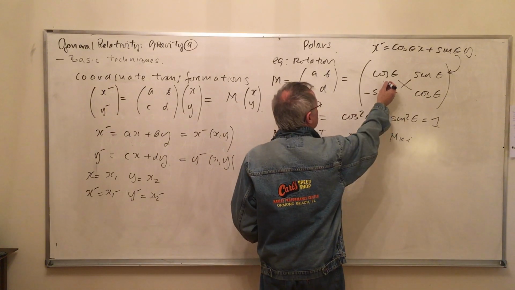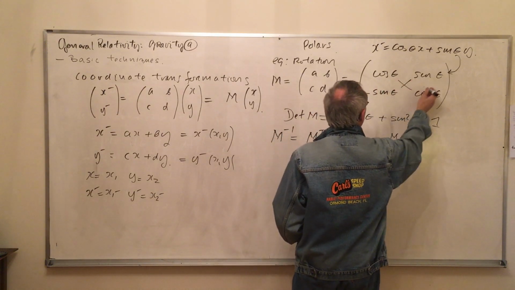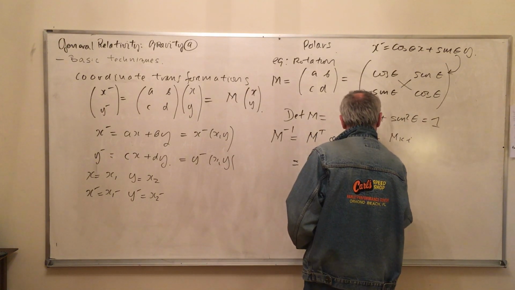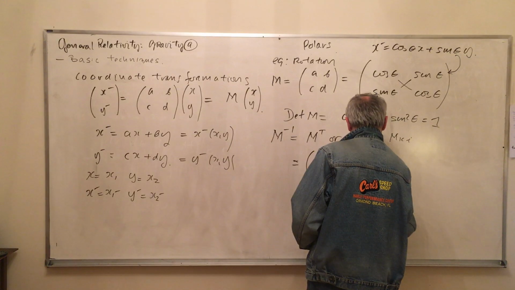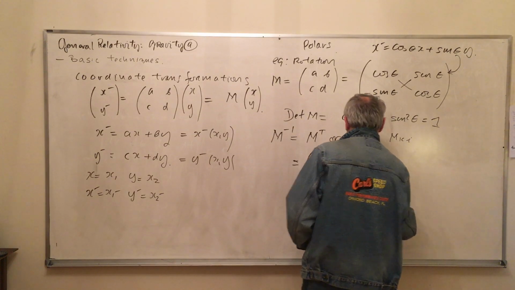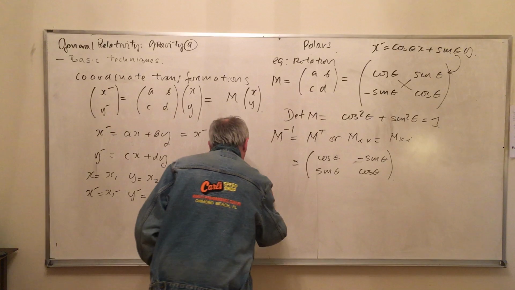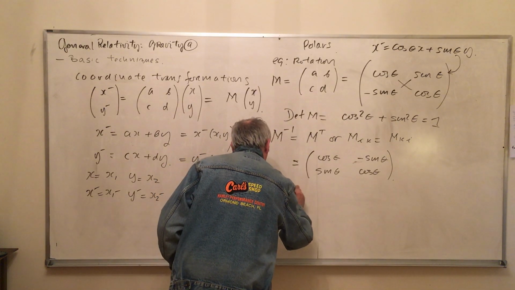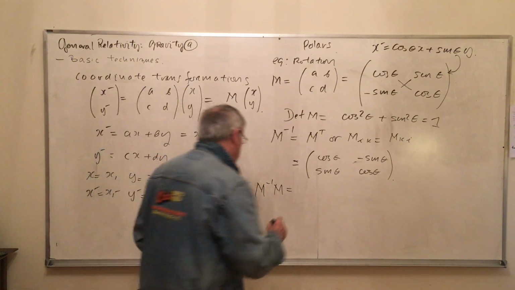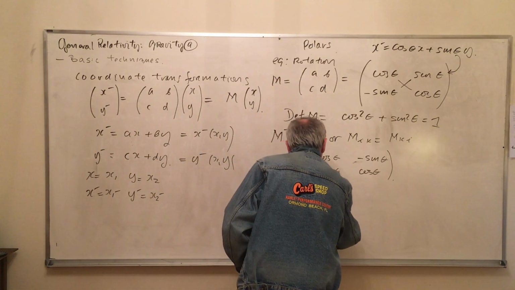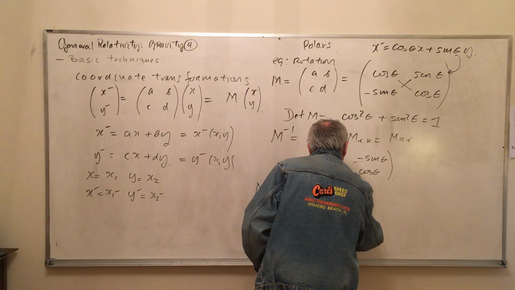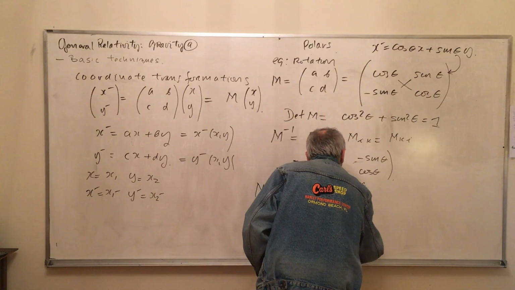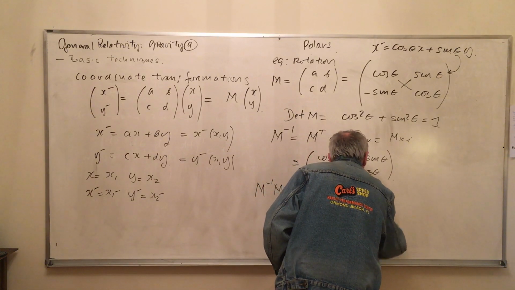Now to write the transpose, you just have cos theta, sine theta, then minus sine theta, cos theta. So let's see what that is. Well, it's going to be this.